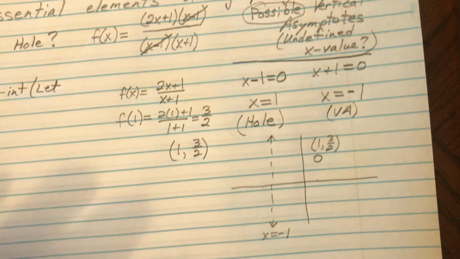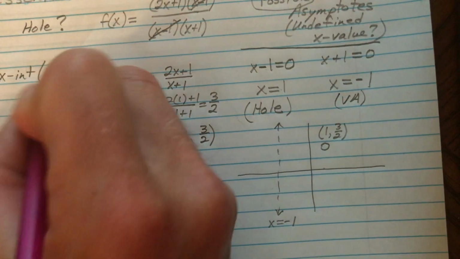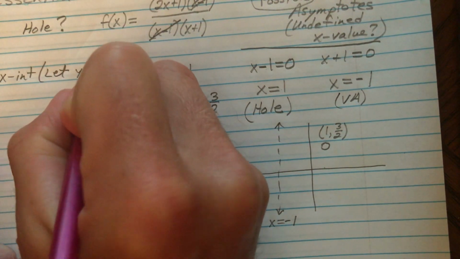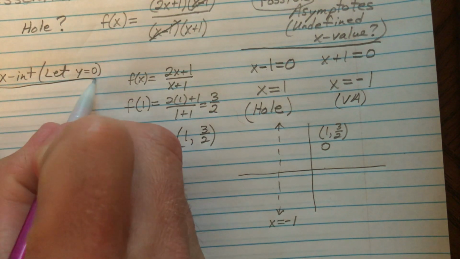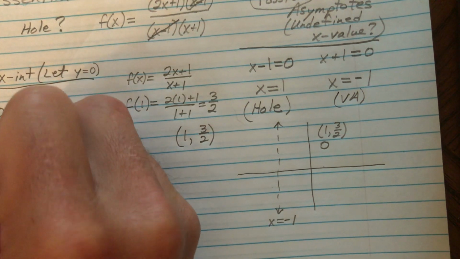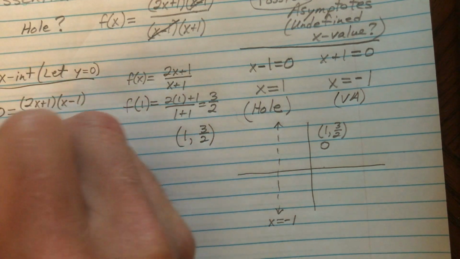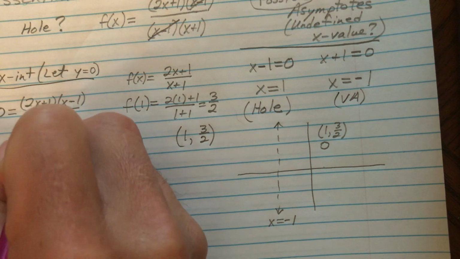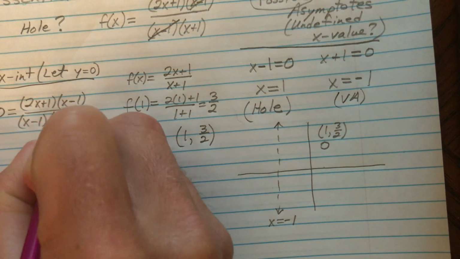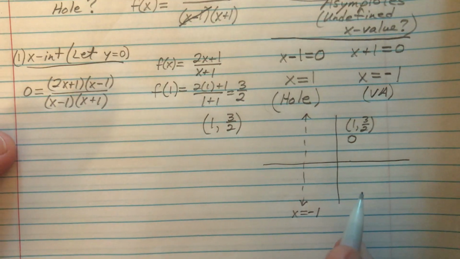And think about it. When you cross the x-axis, y is 0. So we're going to let y equal 0. So this is going to say 0 equals 2x plus 1 times x minus 1 over x minus 1 times x plus 1. We need to solve this to find out where the graph hits the x-axis.